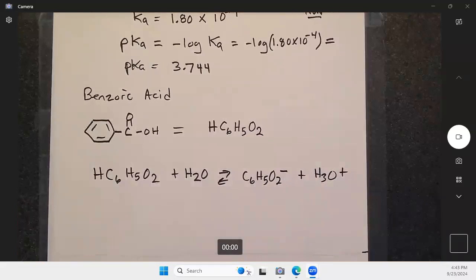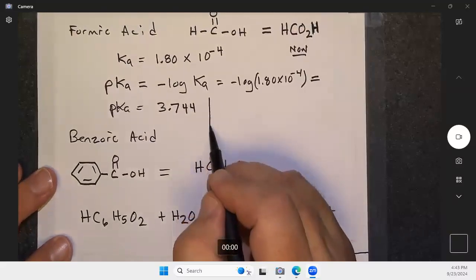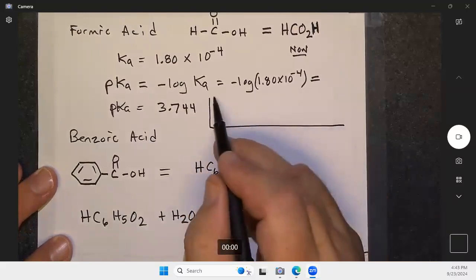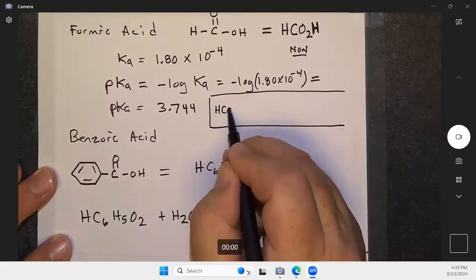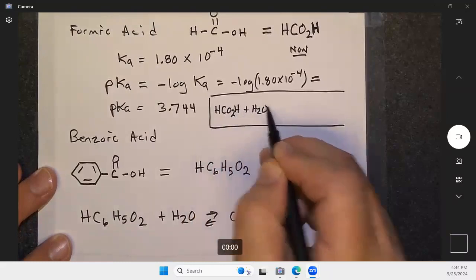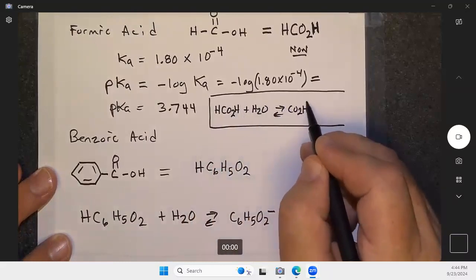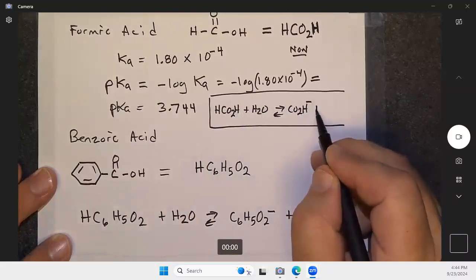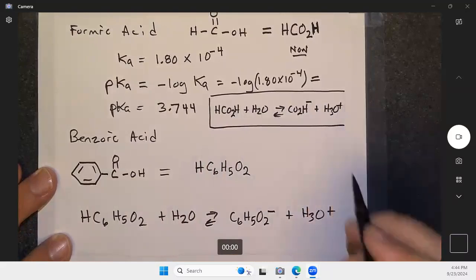All right, so that's benzoic acid. I could have done a similar thing up here. Why don't I sneak it in here? So we could have written HCO2H plus water gives us CO2H minus plus H3O plus.